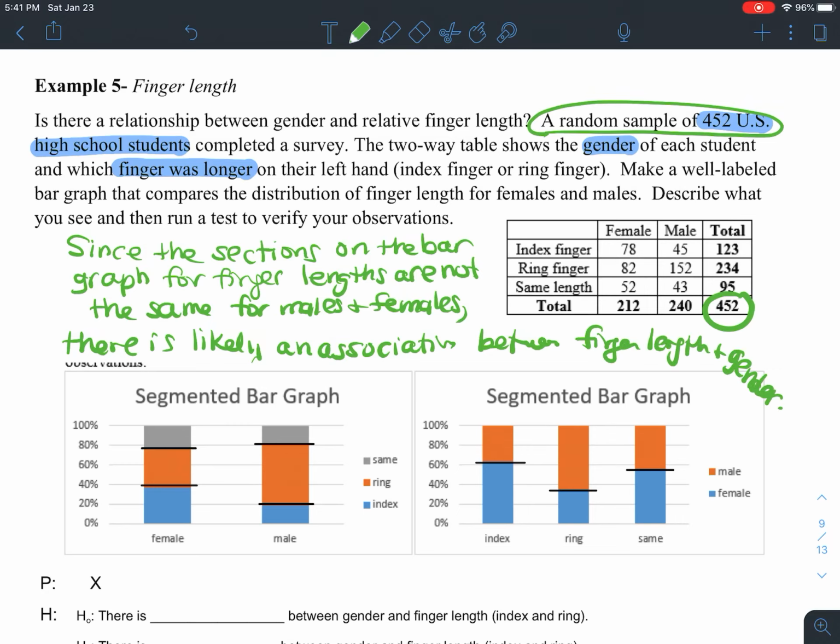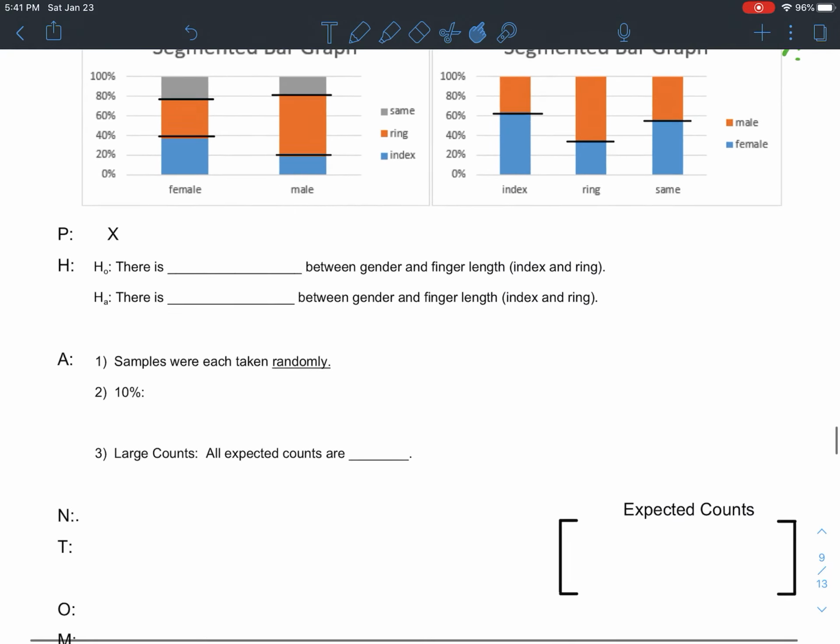These are my two categorical variables. I'm suspecting that, but I really need to run the test to have a concrete conclusion here.